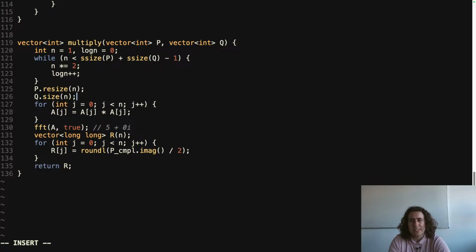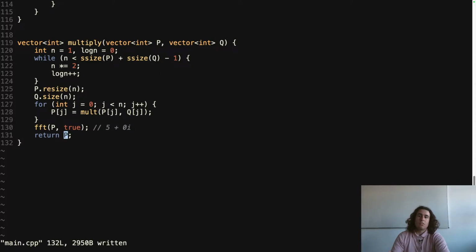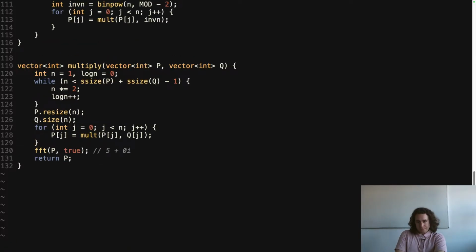We're going to resize Q, then we can just multiply all the values again modulo, and then we take P back, and I guess we can just return P now, right? We don't need to round anything. Everything became much smaller, but the most important part is that there are two improvements, right?